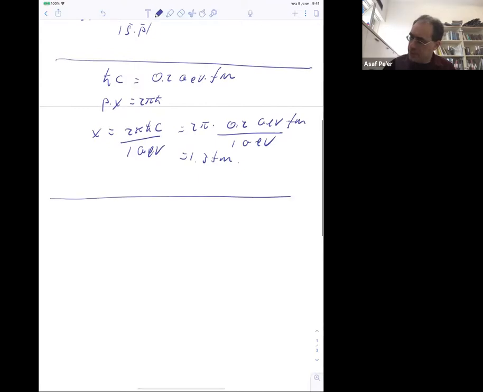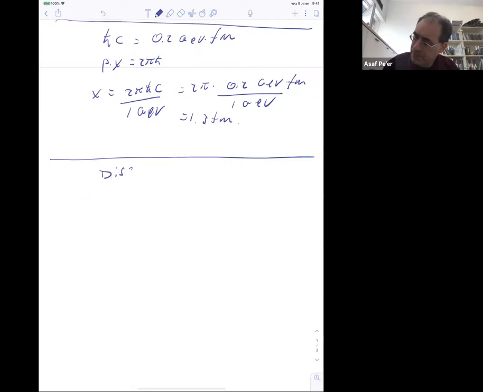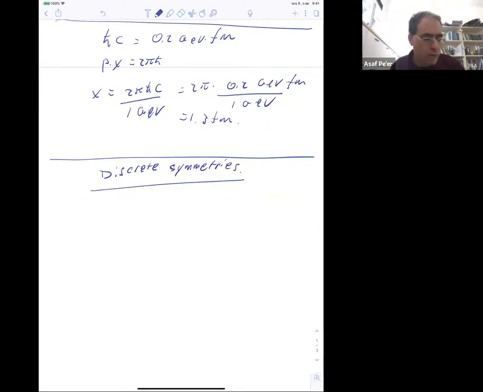Okay, so today's subject is discrete symmetries. It's a tutorial, but it's a long tutorial. The background is the following. We like symmetries in physics, not just because they're beautiful and nice and handy, but because a major part of that originates back to Noether's theorem.